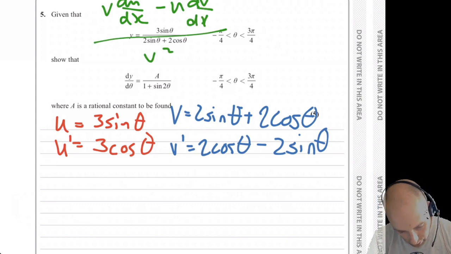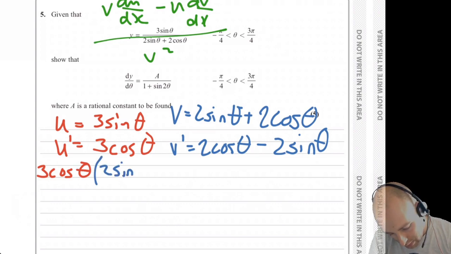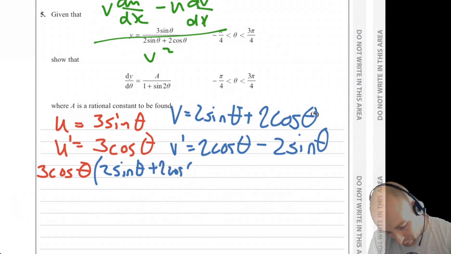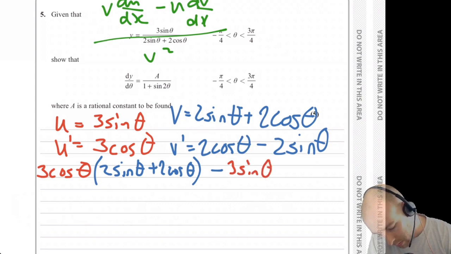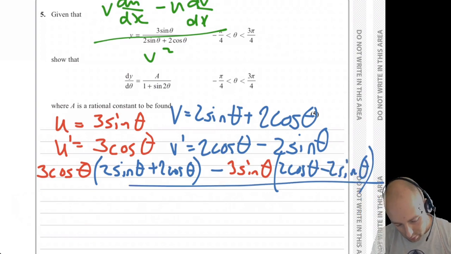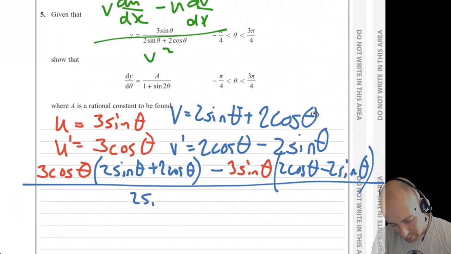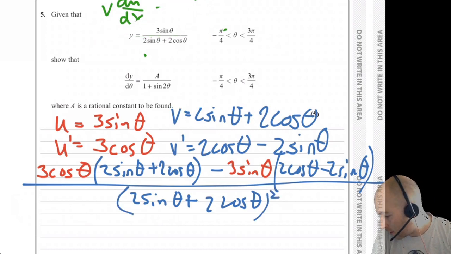So we get 3 cos theta times by 2 sine theta plus 2 cos theta, take away 3 sine theta times by 2 cos theta minus 2 sine theta, all over v squared, 2 sine theta plus 2 cos theta, all squared. Now I've got no room left, so I'm going to get rid of all this and write it out again.